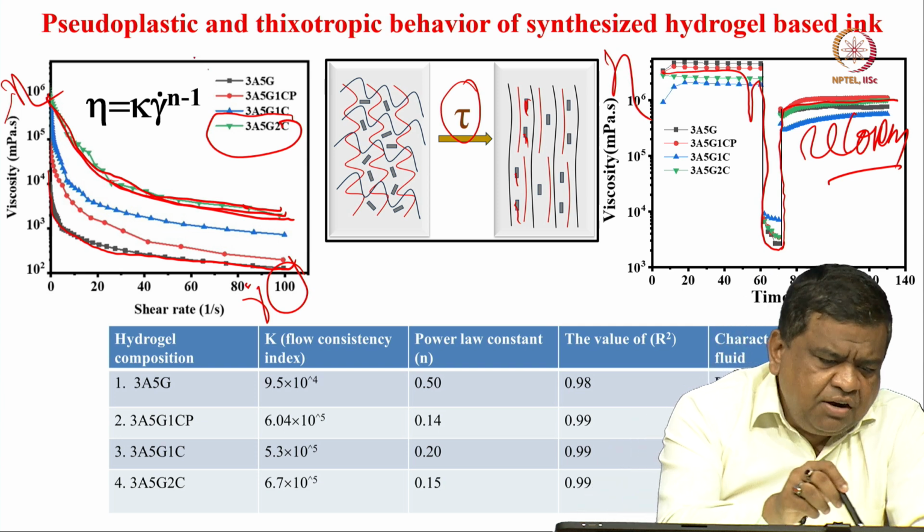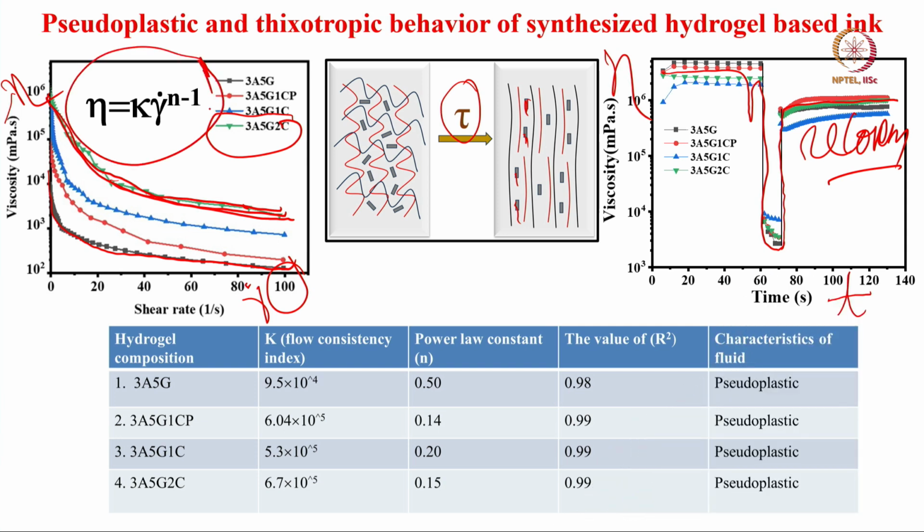Eta is equal to k gamma dot to the power n minus 1; that is the fundamental law that defines the shear thinning behavior. This n value, the power law constant, can be calculated for different hydrogel compositions, and with increasing nanocellulose concentration, the shear thinning behavior is reduced from 0.5 to 0.15.